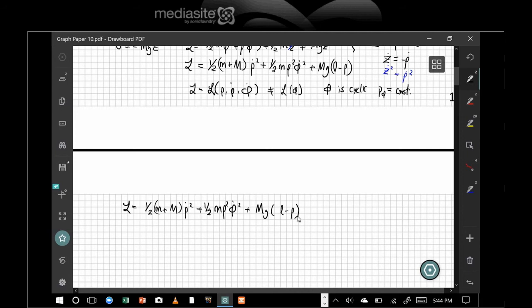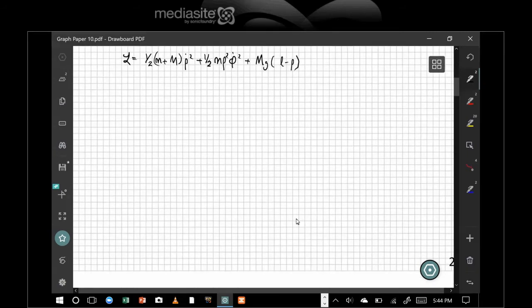So let's start off there. From this point, it's best to write down the generalized momentum. The generalized momentum, as we define, is P sub phi, defined as the partial of L with respect to phi dot.